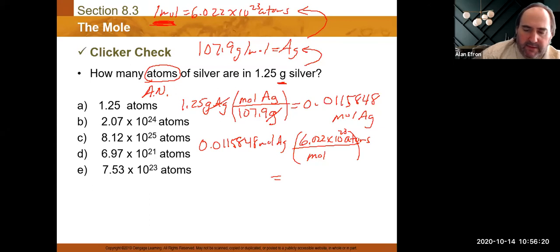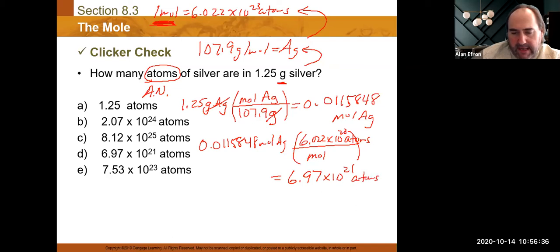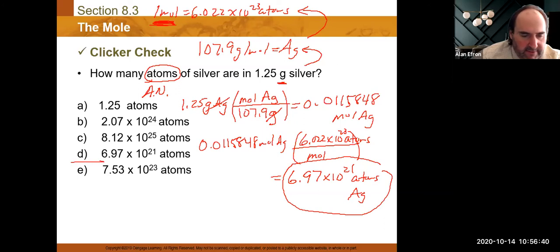And we would multiply it by Avogadro's number, making sure again to use our exponent button. And it looks like we do end up with something like 6.97 times 10 to the 21 atoms of silver. And that looks like perhaps D would be the right answer here.